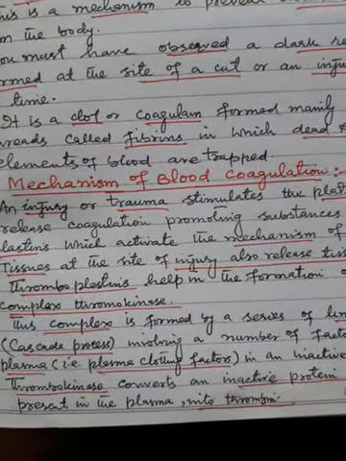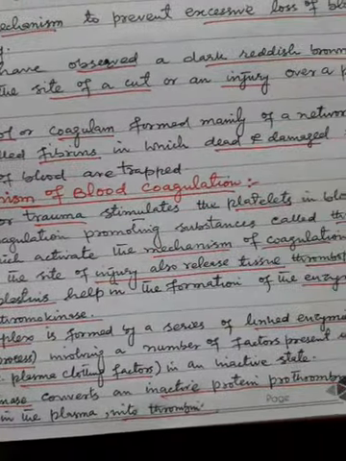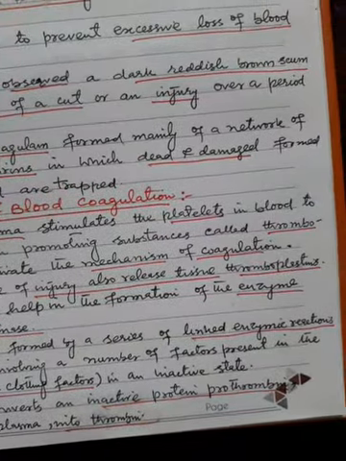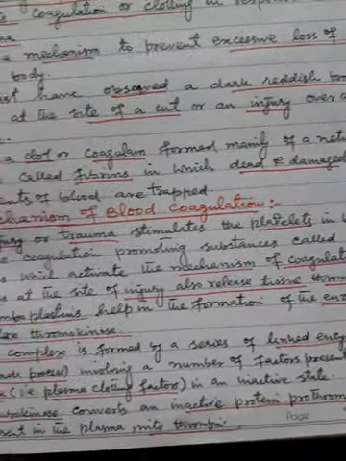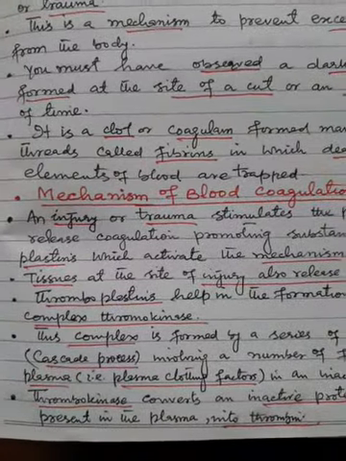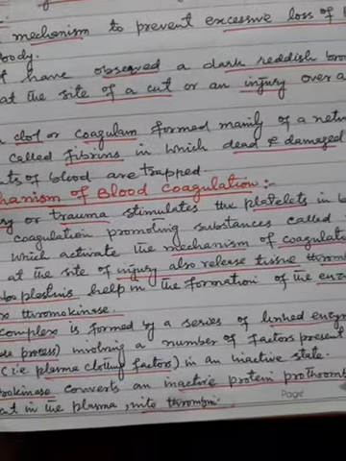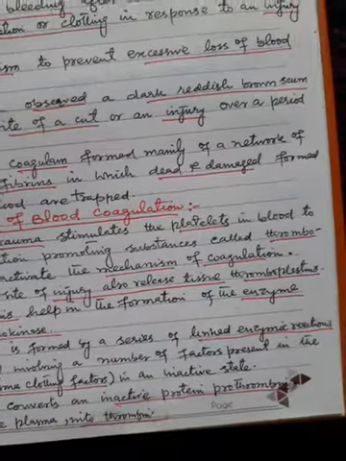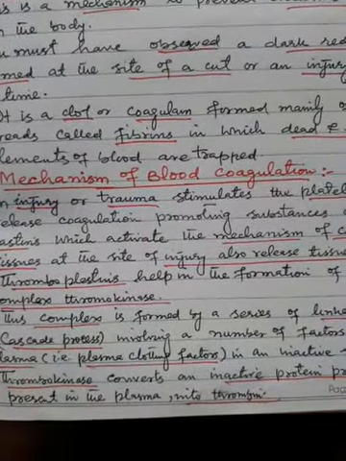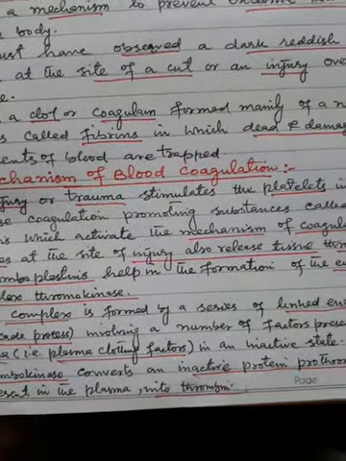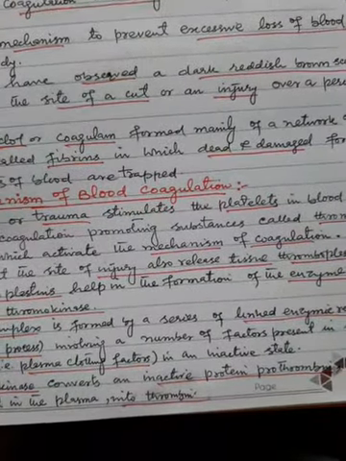This complex is formed by a series of linked enzymic reactions, a cascade process involving a number of factors present in the plasma, that is, plasma clotting factors in an inactive state.